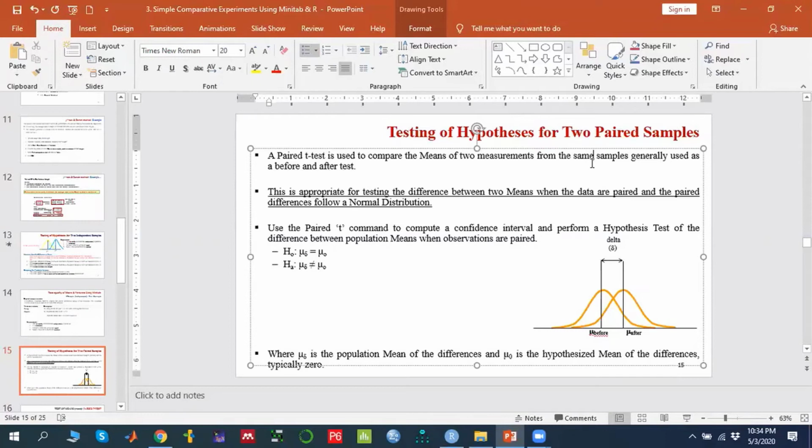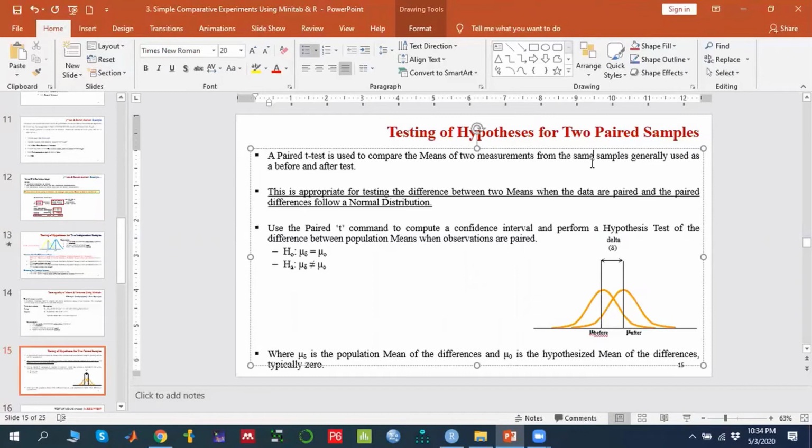We have selected 20 patients who have a headache. We measure the seriousness of the headache before, and then give the medicine, and measure the seriousness of the headache after, in order to understand the effectiveness of that particular medicine.